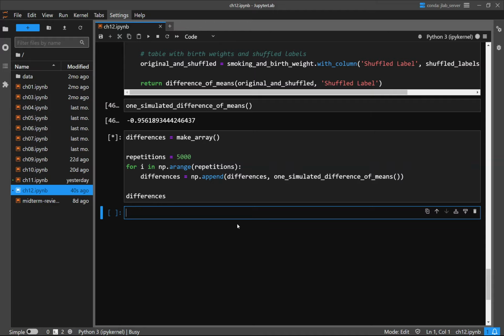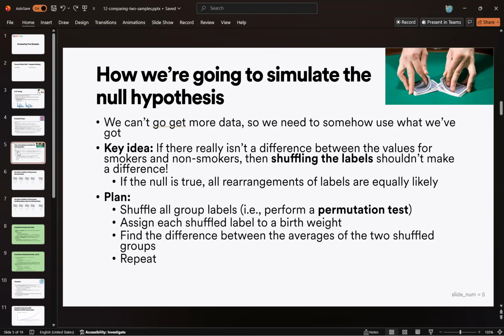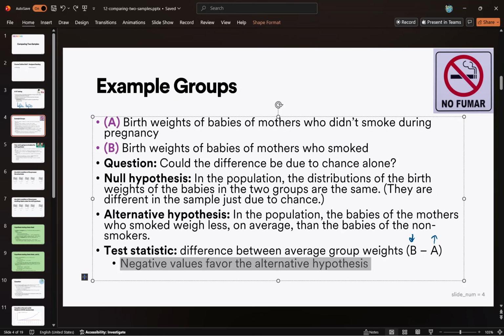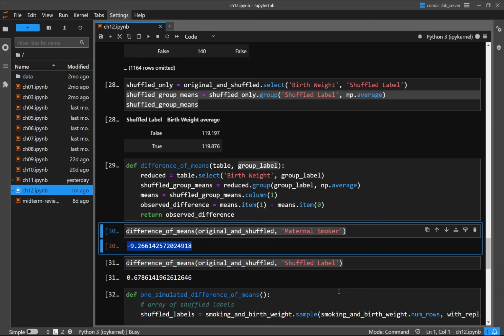I think the goal now would be, all right, we've got all these differences. Let's do a histogram, because the goal is to see how many times we see something this extreme or more. Negative values are going to be in favor of our alternative hypothesis. How often do we see a negative value, especially one as small as this one?